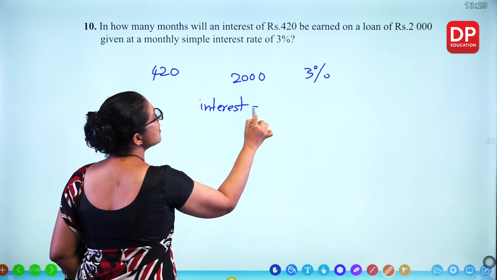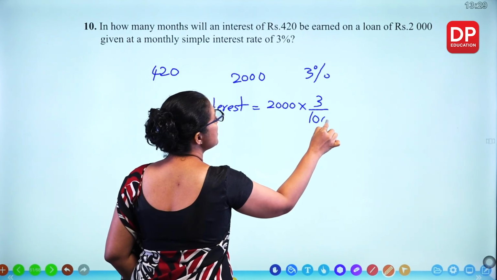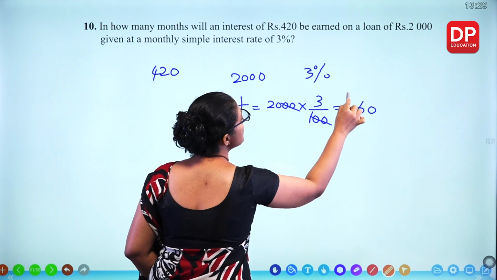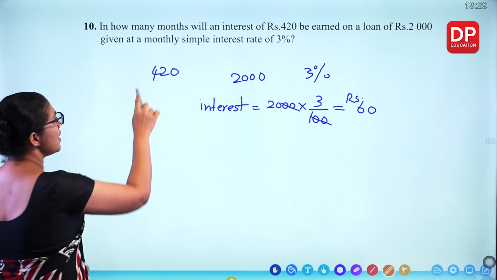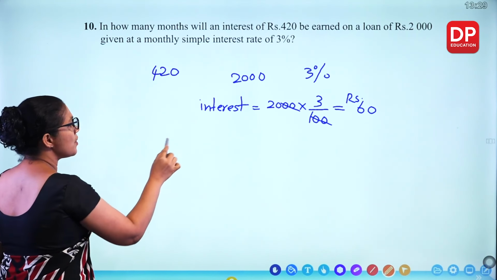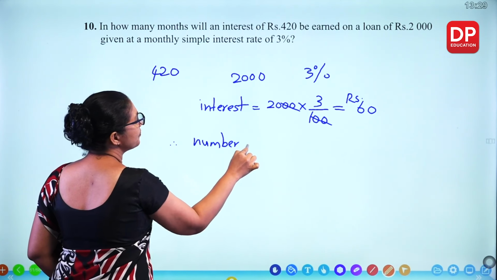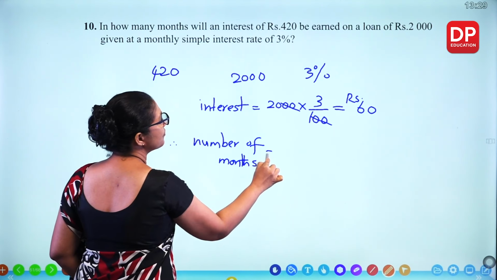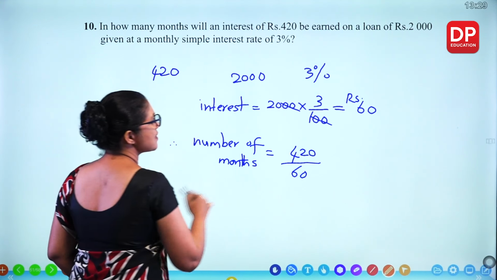Interest is 2,000 rupees with 3% interest rate. You are getting 60 rupees interest for a month, but you paid 420, so therefore number of months is equal to 420 divided by 60 rupees.